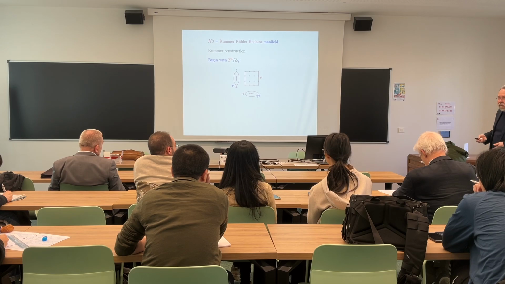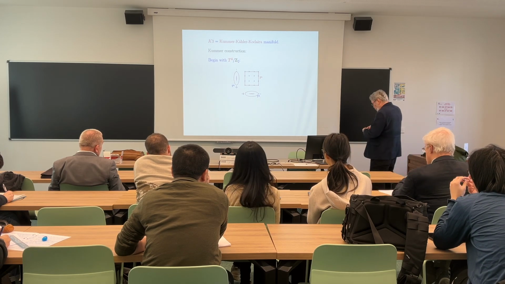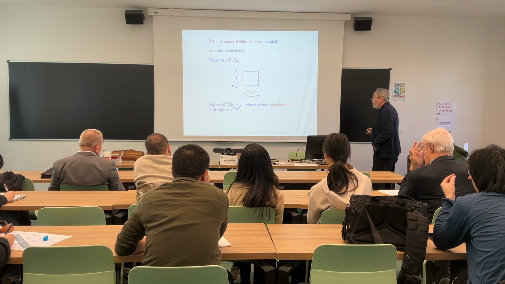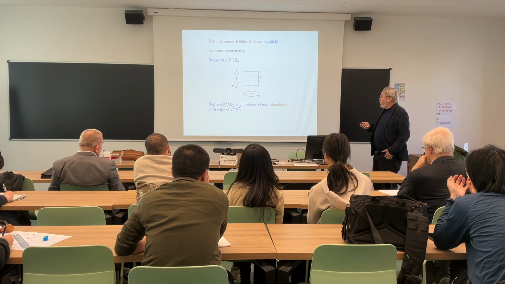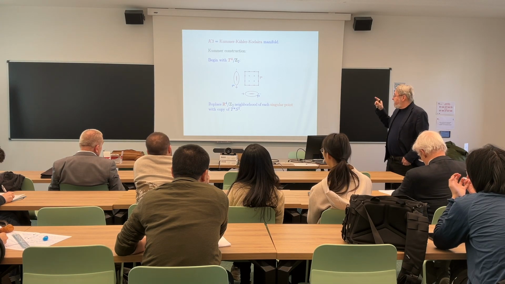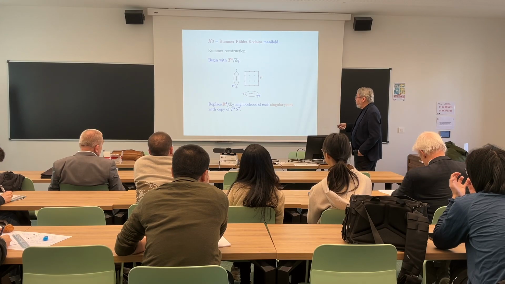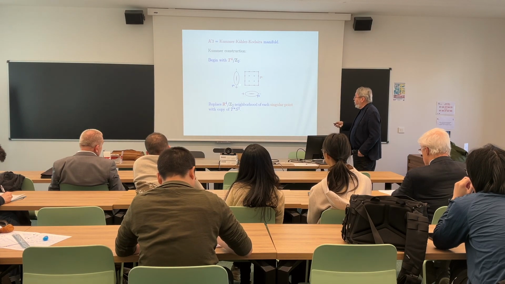Do it simultaneously on both factors. Now, when you take the quotient of T4 mod Z2, it is not smooth because there are 4 fixed points on each factor, so there are a total of 4 times 4 is 16 fixed points.